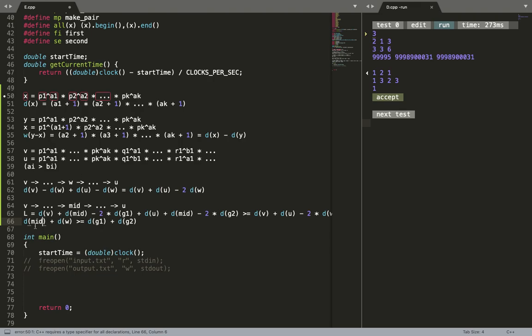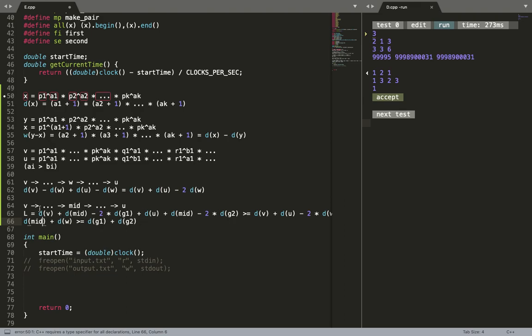If x is a divisor of mid, then the only possible contradiction can be if it is a divisor of g1 and g2 but not a divisor of w. But since x is a divisor of g1, it is a divisor of v because g1 is the GCD of v and mid, and it is a divisor of u because it is a divisor of g2.